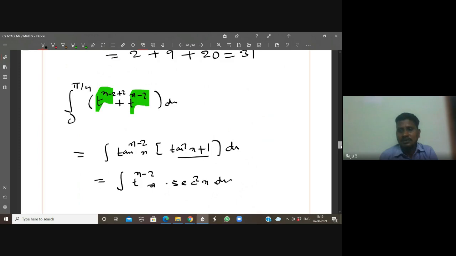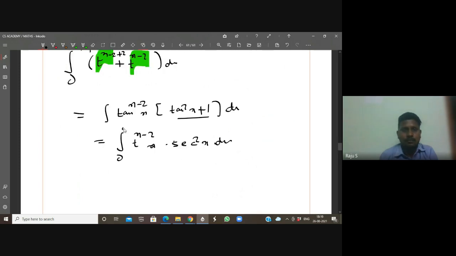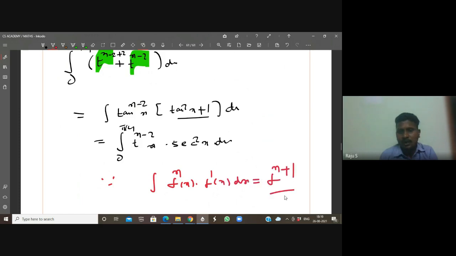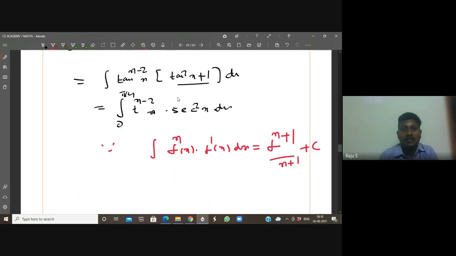Now students, here 0 to pi by 4, and also you have to remember one important formula: integral of f power n of x into f dash of x dx is equal to f power n plus 1 by n plus 1. Function power n, its derivative together, then whatever the power is, just add 1 and divide by n plus 1.